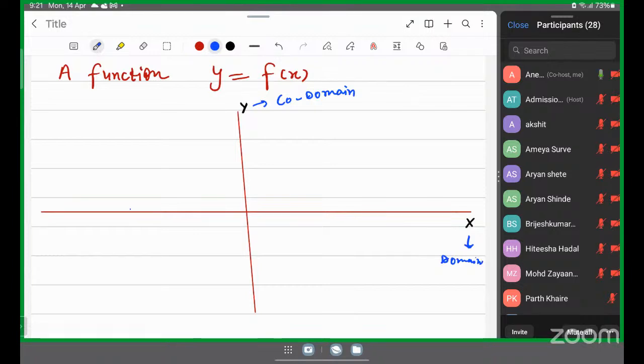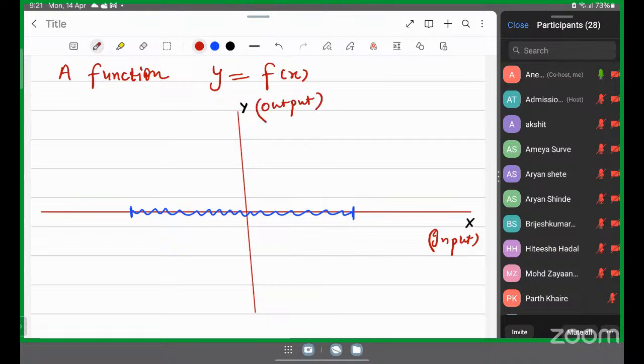Let's say we take input these elements only. So elements of the x-axis which are taken in the function for the input are known as domain. The x-axis will always represent input behavior, and y on the other side will be output.